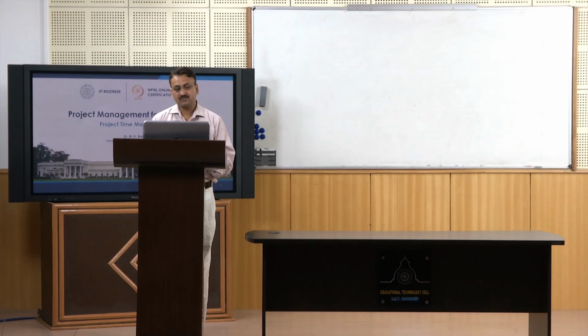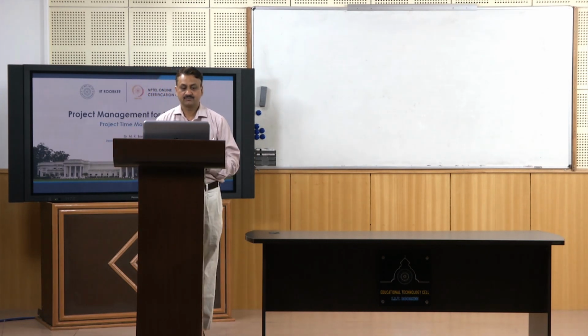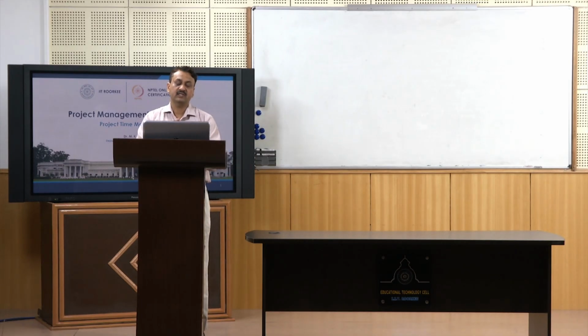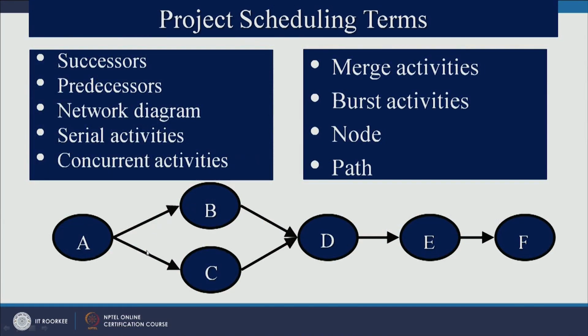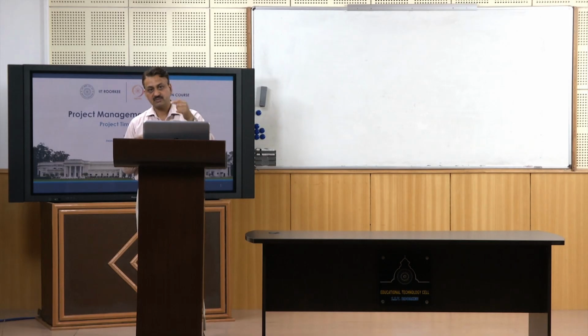So, you can have different types of activities in a network. You can have serial activity, P, Q, R and so on, one after another. You can have concurrent activities, 2 activities going on simultaneously. So, let us say for example, activity A, B, AC both started simultaneously. You can have a situation like merge activities, where you can have a node where several or multiple activities are merging in that particular node.